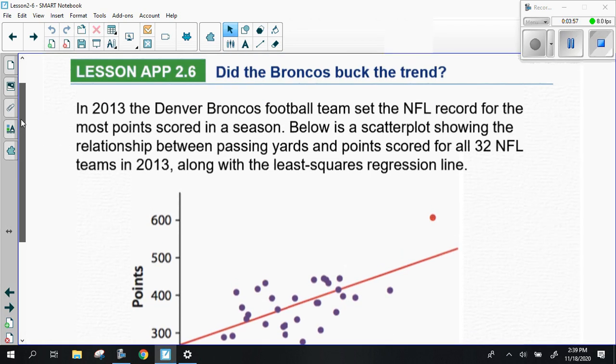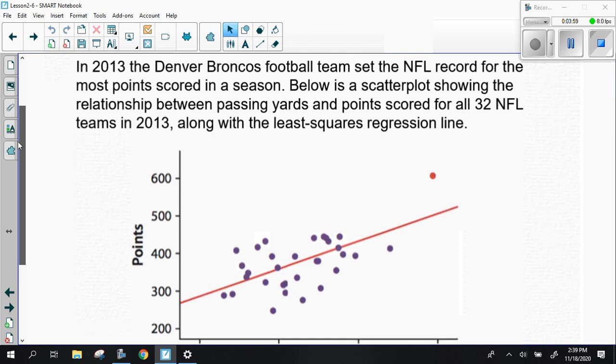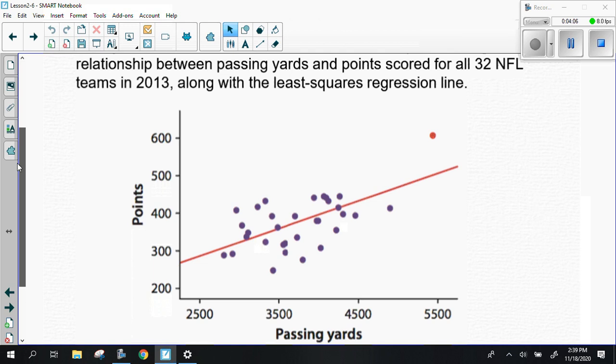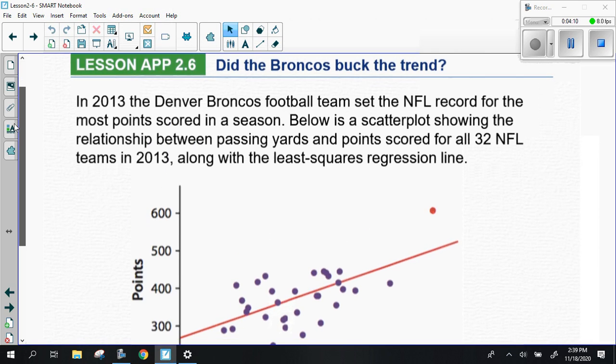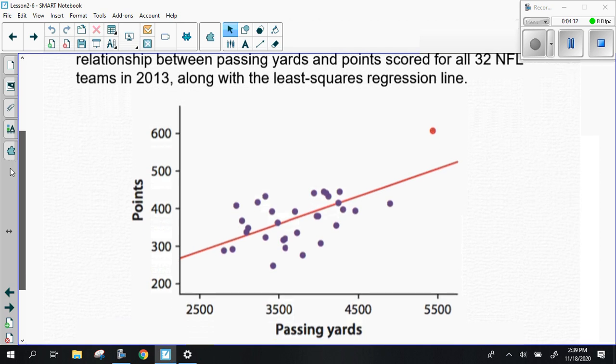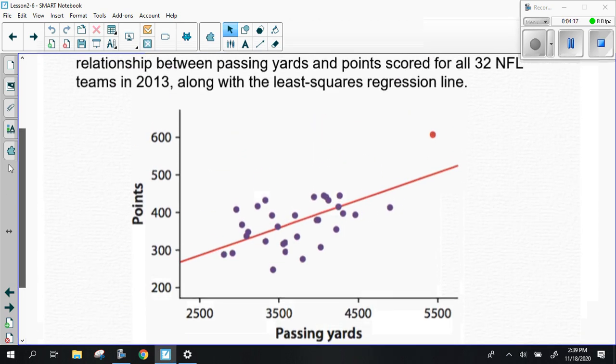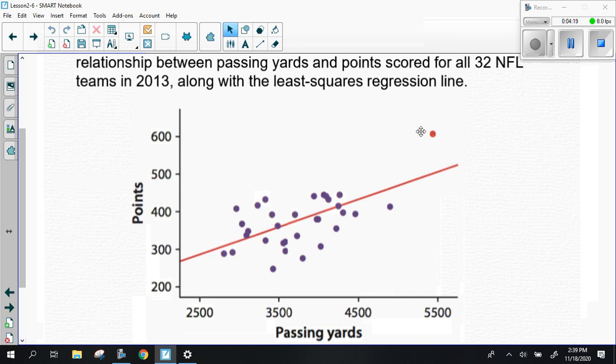Let's look at the Denver Broncos. We got a scatter plot showing the relationship between passing yards and points scored for 32 NFL teams in 2013. Broncos set the NFL record. So which one do you think is them? I think that this is the Broncos.